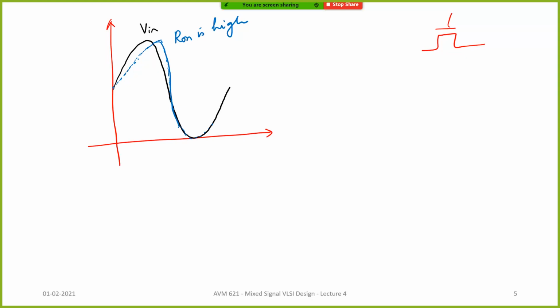So this is the discussion on non-linearity. Let us also see what happens to noise, noise due to the sample and hold circuit. Right now we are only looking at the switch and the capacitor.